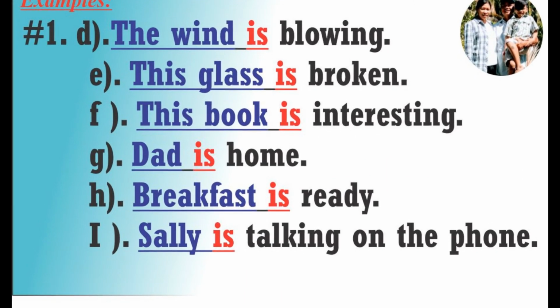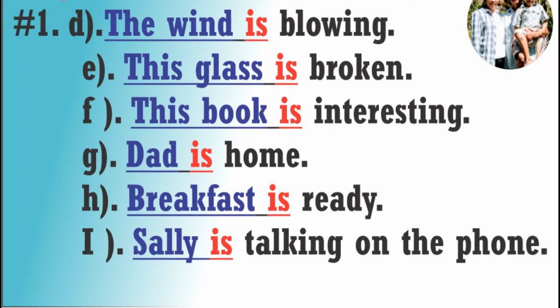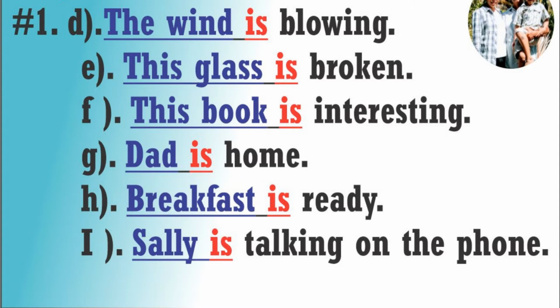Example number 1, line D, the wind is blowing. The wind is blowing. E, this glass is broken. This glass is broken. F, this book is interesting. This book is interesting. G, that is home.